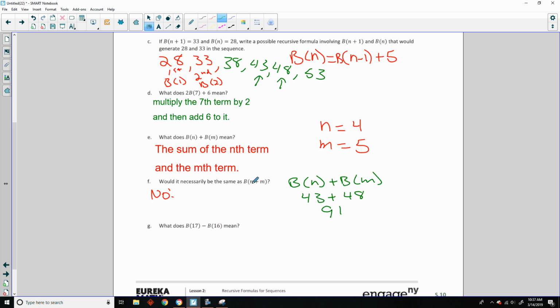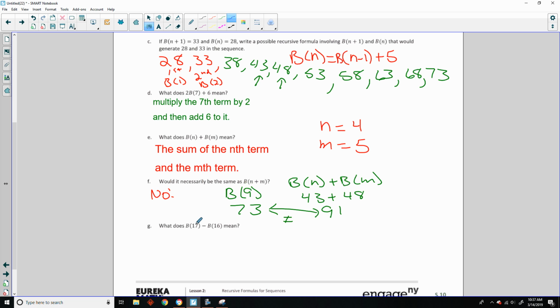But in this case, b of n plus m would be b of 9, n plus m. And the ninth term is 1, 2, 3, 4, 5, 6, add 5, 58. 7 is add 5, 63. 8 would be 68. And the ninth term would be 73. So b of 9 would be 73, and it is definitely not equal to 91.